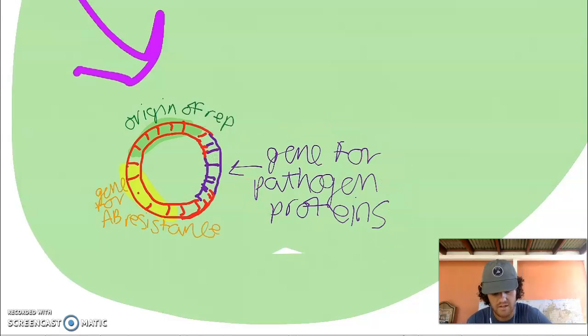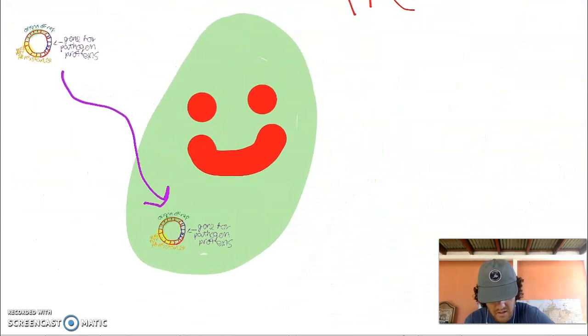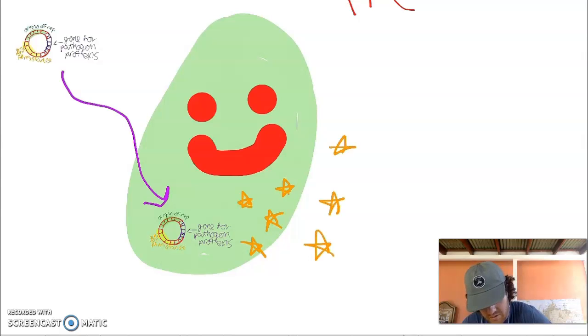Okay, so as it reads this gene right here on the plasmid, this bacteria cell is going to start producing pathogen proteins, which I'm just going to draw as little orange stars. Okay, it's going to start pumping out those pathogen proteins. And keep in mind, those pathogen proteins are the subunit vaccine. So guess what? Now we have a subunit vaccine. We can bottle this up, purify it, and now inject it into a patient. Okay.